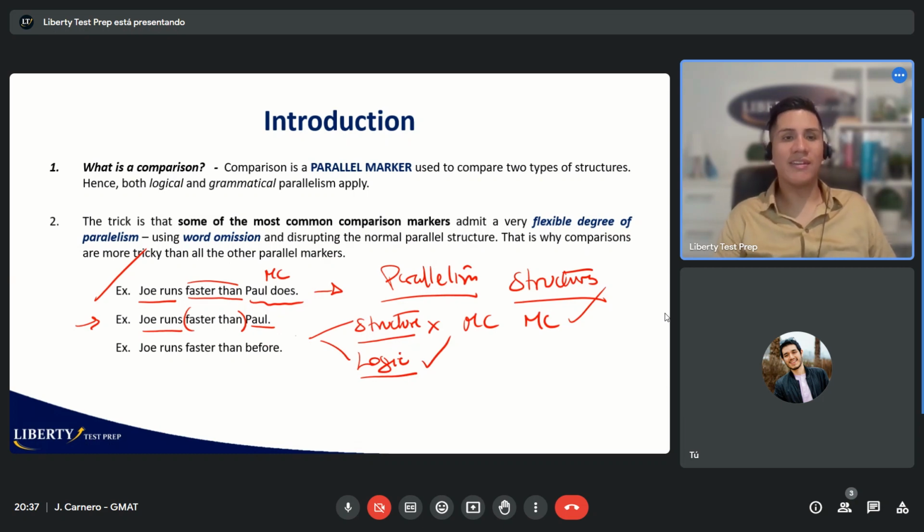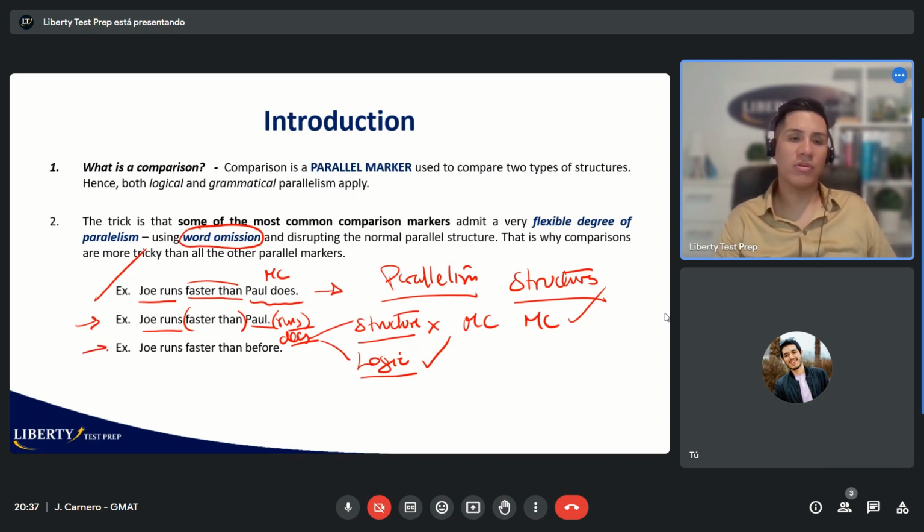Now the question would be, if I add one word or maybe more words, is there something I can add to that right side in order to make it totally parallel? Yes. What can you add there? The verb, runs or does. Right. So that means it's being omitted, so that's fine. That's an acceptable reduction, abbreviation. That's how they're going to use their omissions.